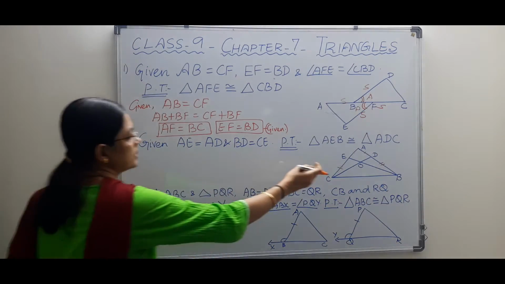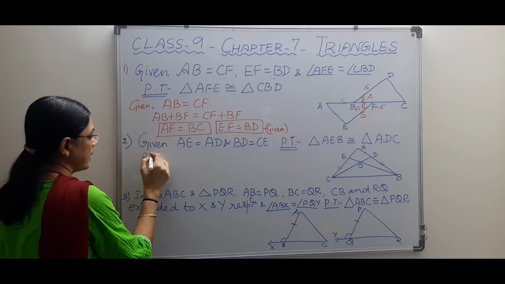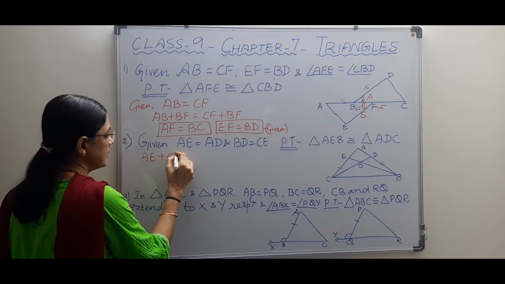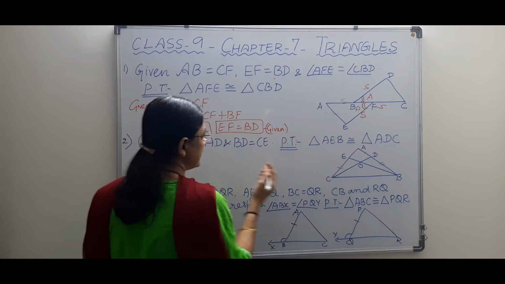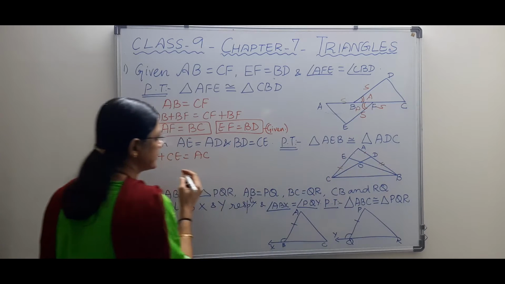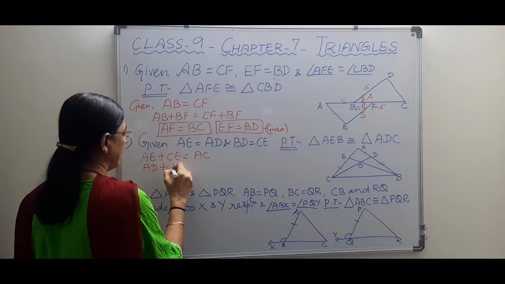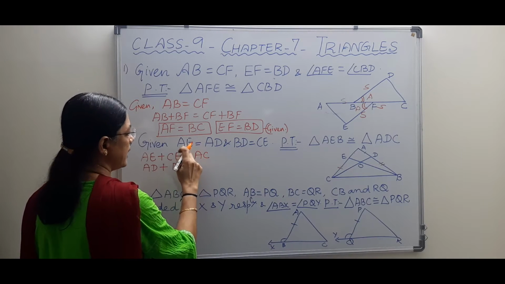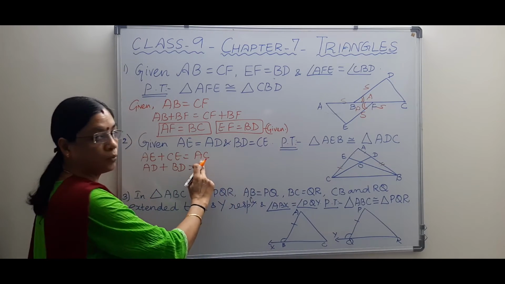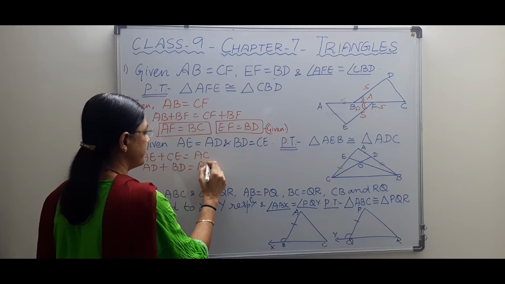Now what we need to do is, I told you, you need to add them. So I can add them. AE plus CE, what is AE plus CE? It is AC, isn't it? Obviously. Now next is AD plus BD. AE plus CE gives you AC, and AD plus BD will give you AB.